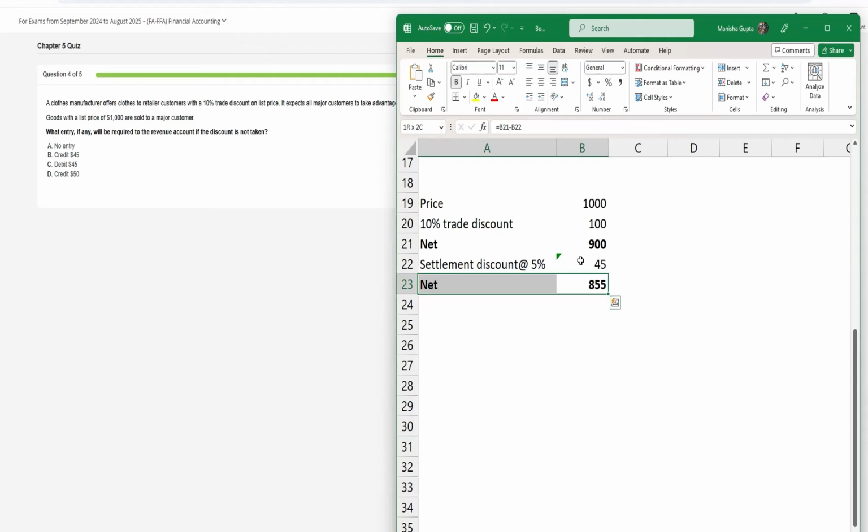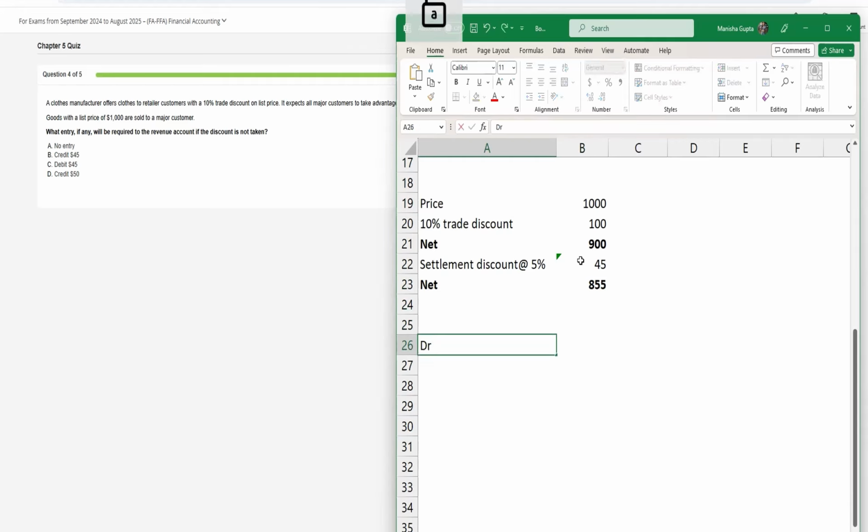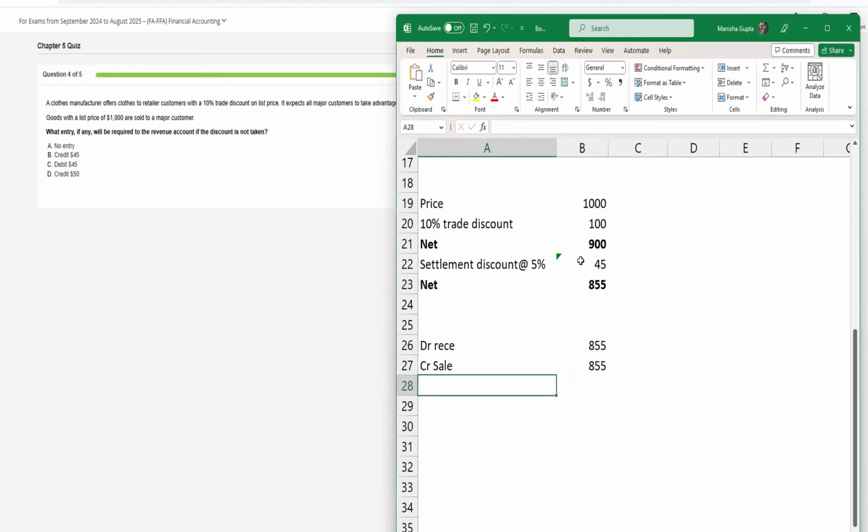So that means we have recorded this transaction something like this: debit receivables 855, and credit sales 855, because we are expecting the customer will take the discount, but the customer didn't take the discount.